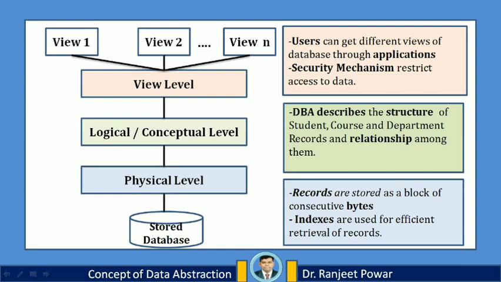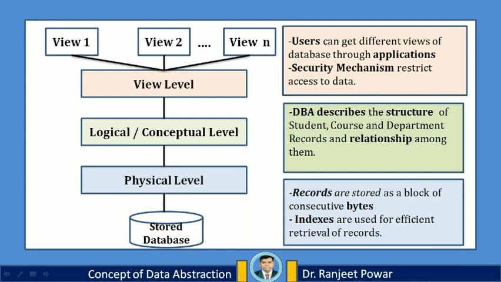Here with the diagram, we can see how DBMS works in different levels. At the physical level, department, course, student record can be described as a block of consecutive bytes. The compiler hides this level of details from programmers.